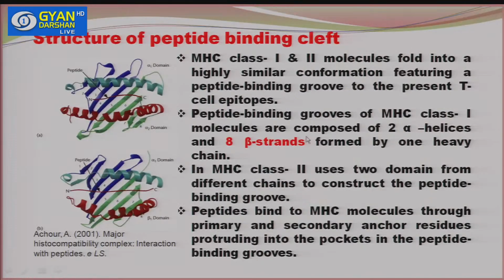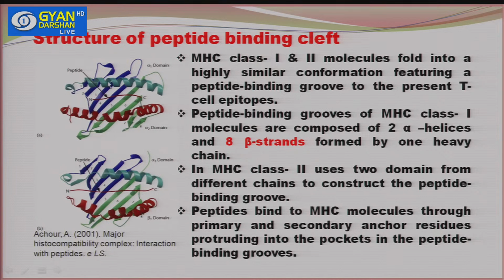Another thing I want to discuss is the structure of the peptide binding cleft. So you can see the structures of the peptide binding clefts here, MHC first and MHC second. You can see the various alpha helix and beta sheet.